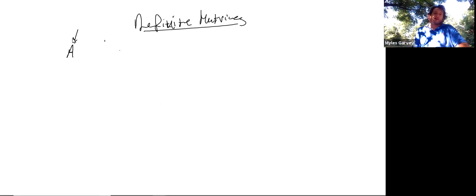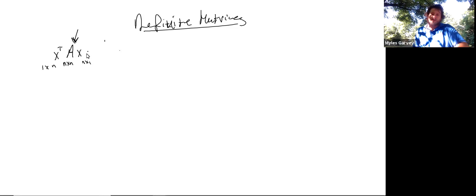We say it's positive definite if, given any vector x, if I multiply it like this, where I first multiply the transpose of the vector times A and then by x, I'm going to get a number. Hopefully you should see that. If A is an n by n, then this is going to be a 1 by n, and this is going to be an n by 1, right?